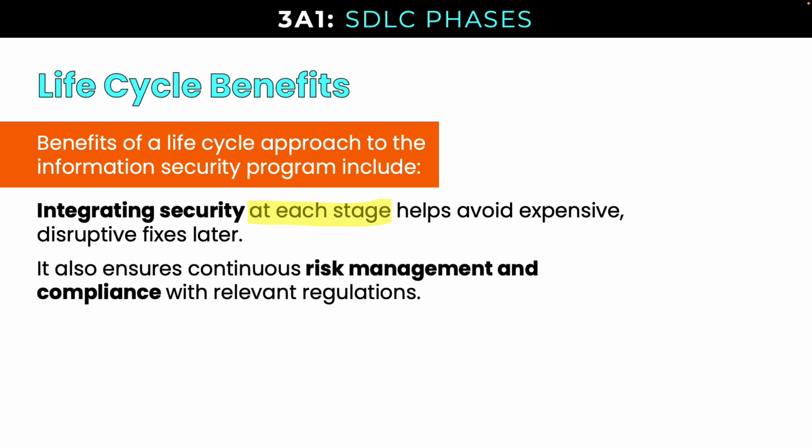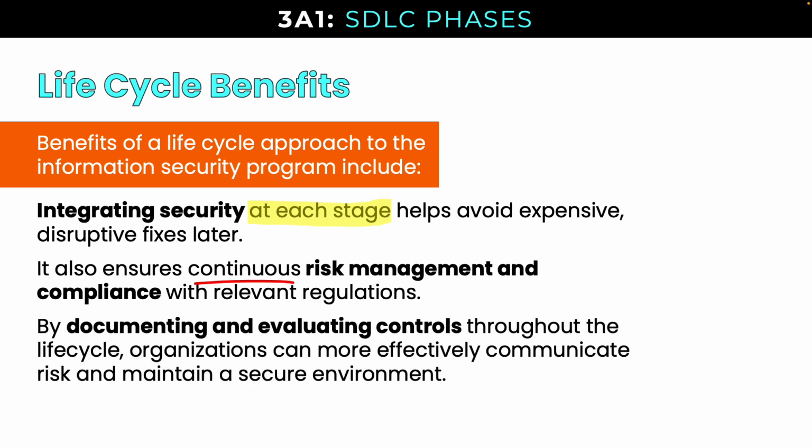It also ensures continuous risk management and compliance with relevant regulations. And by documenting and evaluating our controls throughout the lifecycle, organizations can more effectively communicate risk and maintain a secure environment. That brings us to the end of section 3A1.